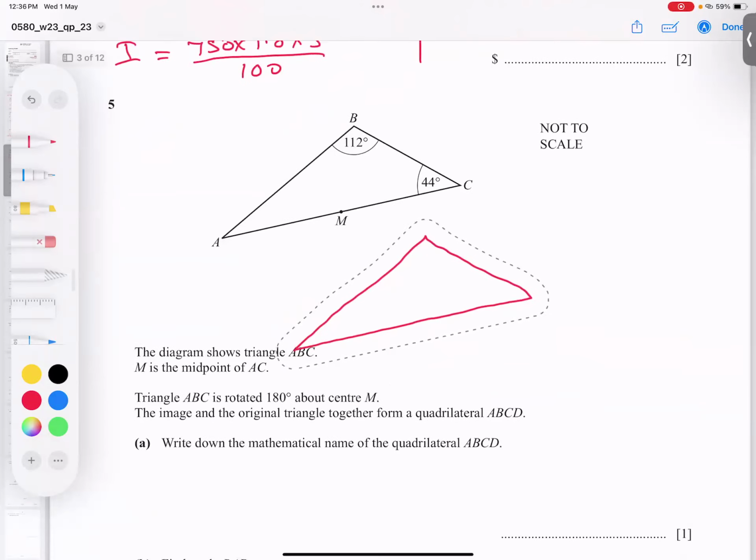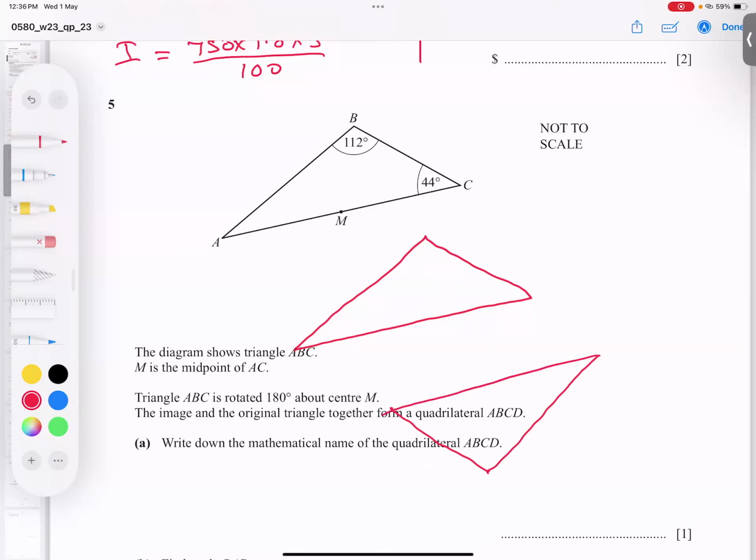So the top point will come down, and this point will come here like this. Okay, let me make it the same length and bring them close to each other.